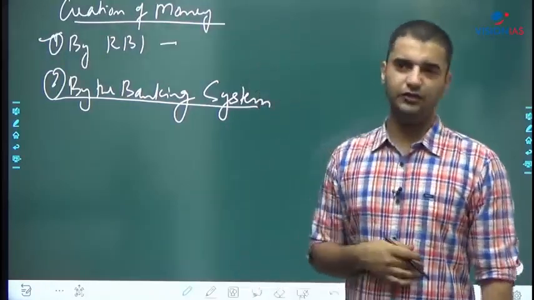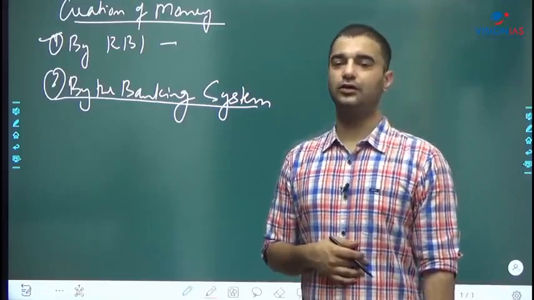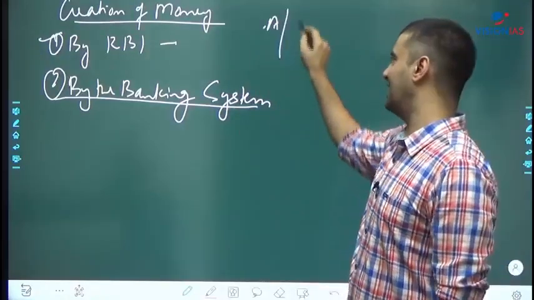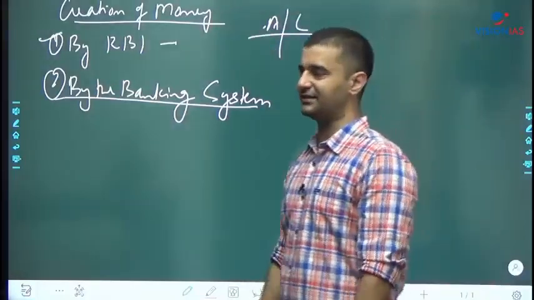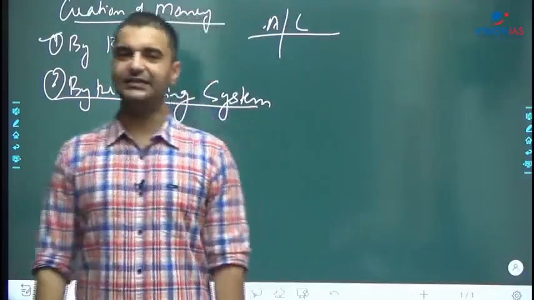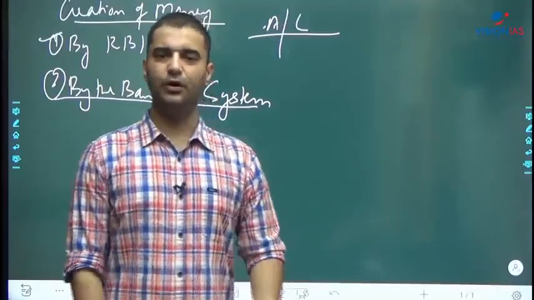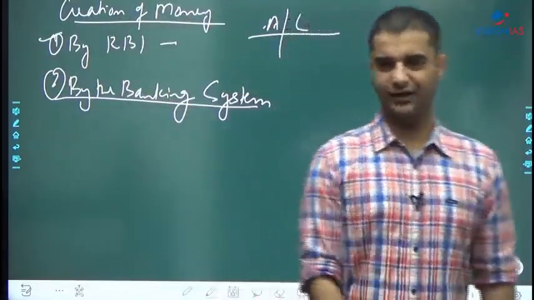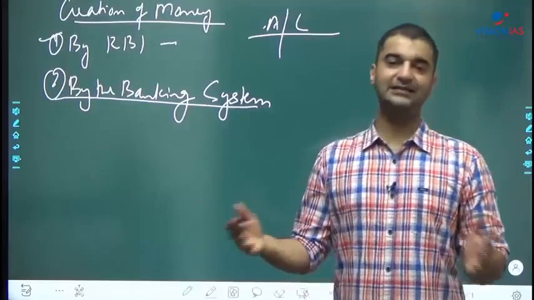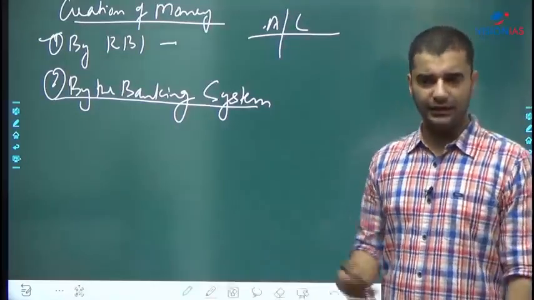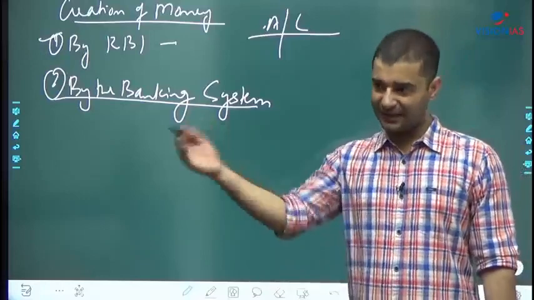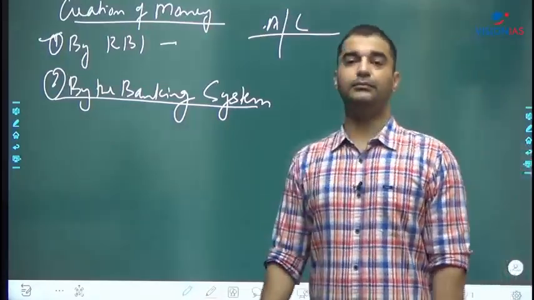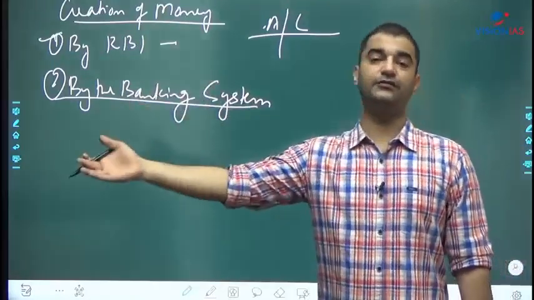Carrying on this discussion, we also discussed the concept of the balance sheet of RBI, in which we discussed assets and liabilities. Assets consist of, let's say, foreign currency assets, government bonds, loans that RBI has given, and gold. All these are assets of RBI. The biggest liability is currency in circulation. Other liabilities of RBI are banks' deposits with RBI, government's deposits with RBI, and some loan that RBI may have taken from banks or government.